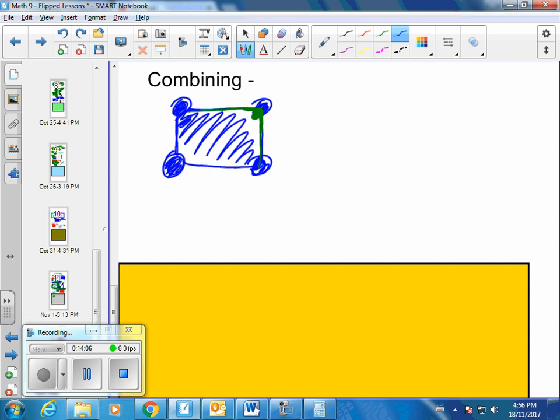Now, looking at this, I know it's not a perfect square, but I'm going to take these side lengths. Let's say that this side length was, I don't know, 30 centimeters, and this one was 40 centimeters. We'll use these same circles. We'll say that these were our 10 centimeter circles, so that I don't have to recalculate all of those.